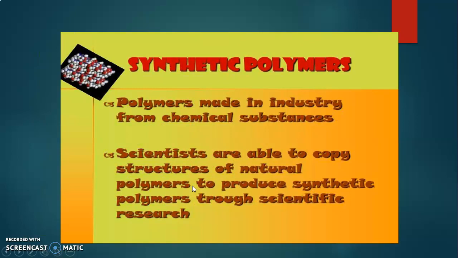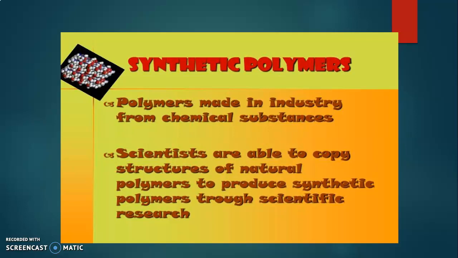Okay, first, let's look at synthetic polymers. Synthetic polymers are polymers made in industry from chemical substances. Scientists are able to copy the structure of natural polymers to produce synthetic polymers through scientific research.